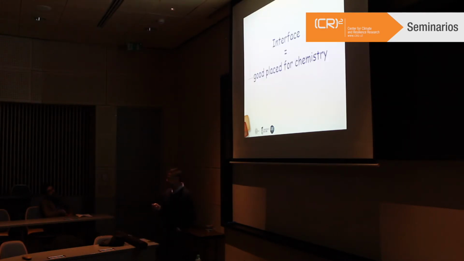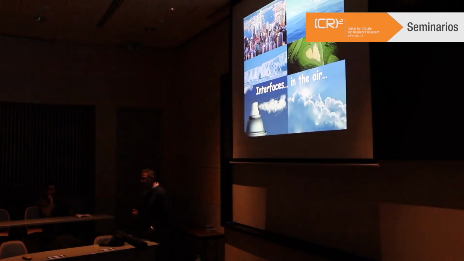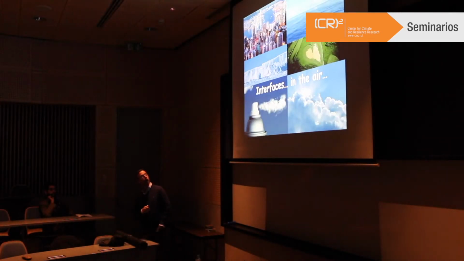So this is already a real major conclusion, that interfaces are a good place for chemistry. Now I ask you, where do we find interfaces or surfaces in the environment? There are many of them. Clouds, aerosols, vegetation, the snowpack or ice pack, the ocean.